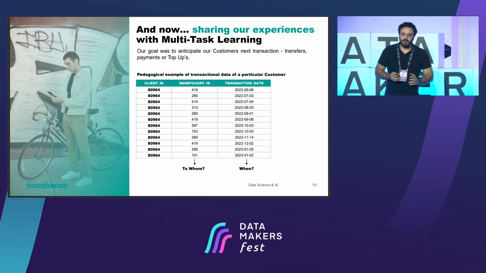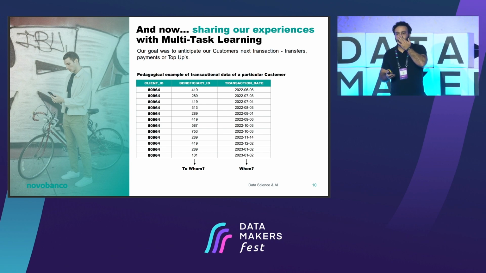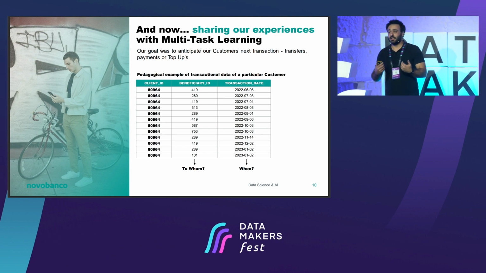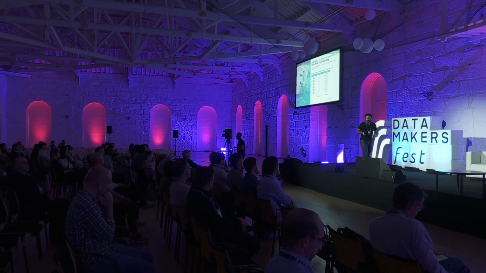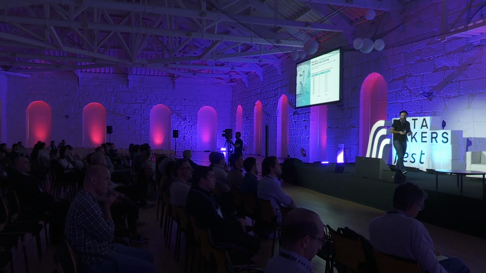Our goal in our use case is to predict the next transaction of our clients so that we can anticipate our clients' needs and remind them in due time so they don't forget to do that transaction. So based on the sequence of transactions of each client, what we want to predict is to whom the next transaction will be and when it will be.